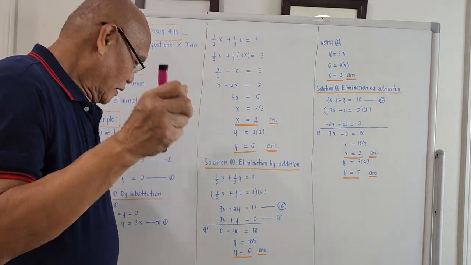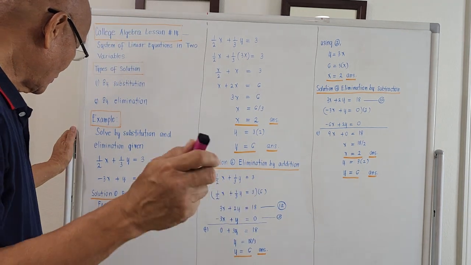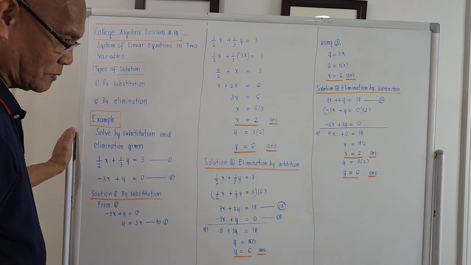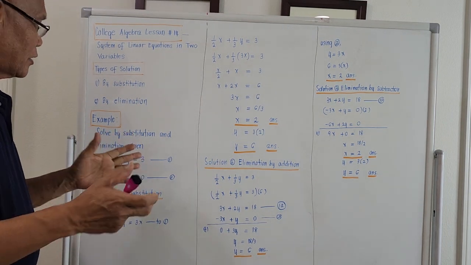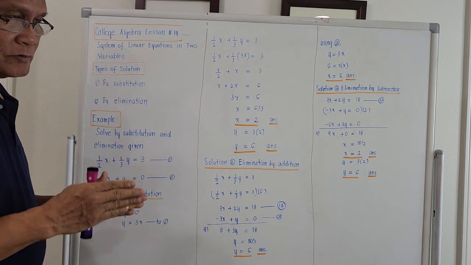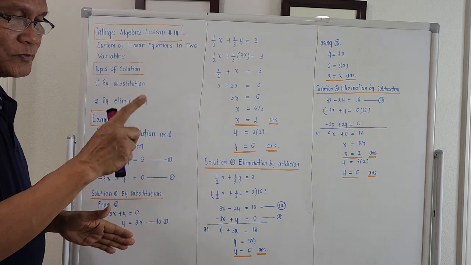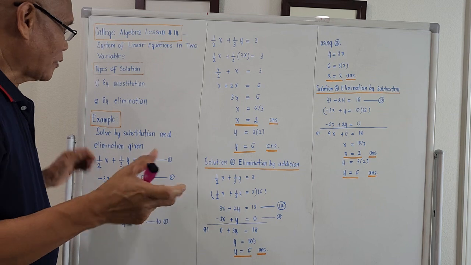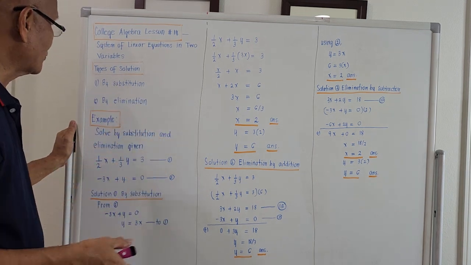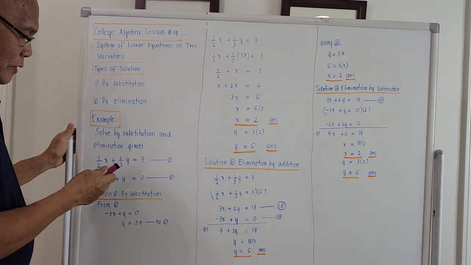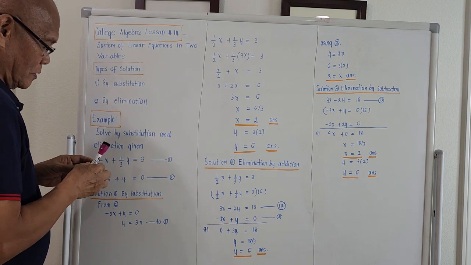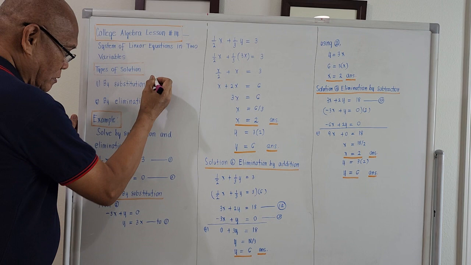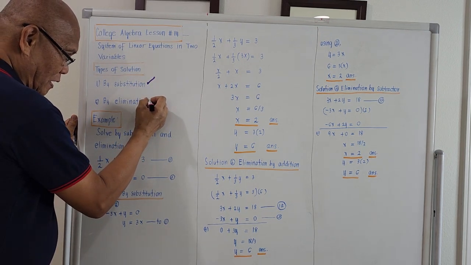Let's try to bring out the solution of a system of linear equations involving two variables. Linear equations, so the highest power is simply 1, meaning it's simply x and y. The methods of solution under algebra are by substitution and by elimination.